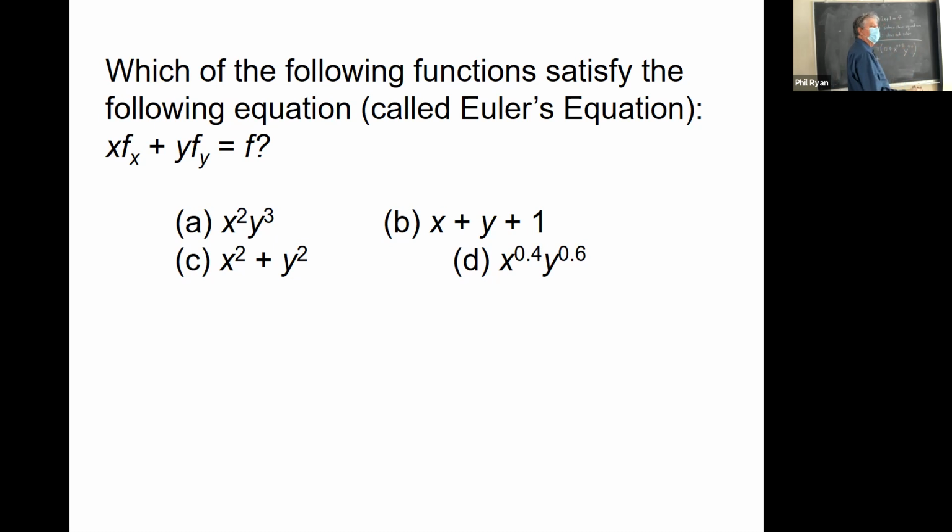What's the power? 0.6, x to the 0.4, and we've got to multiply it by y. Does it satisfy the equation? It does, right? Because we multiply by the y. 0.4 plus 0.6, it actually equals f. And so that's a true statement. So that solves the equation. Yeah, it's a lot of work, but anyway.